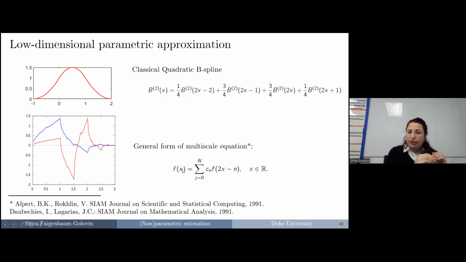We can use those points again, using the mask that we have, to reconstruct the next level of points. And we can perform this operation, what we call the refinement operation, on and on and on, until we get a smooth function.